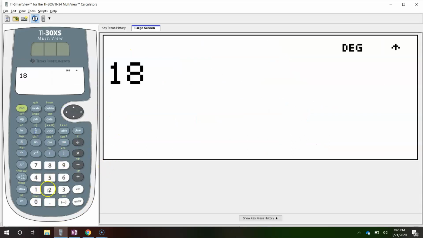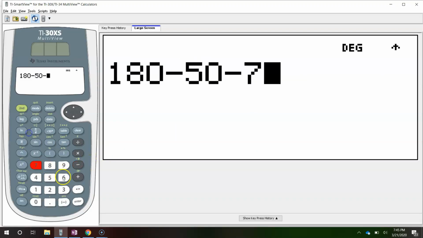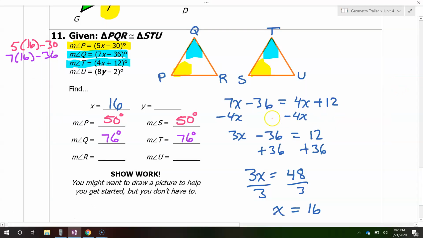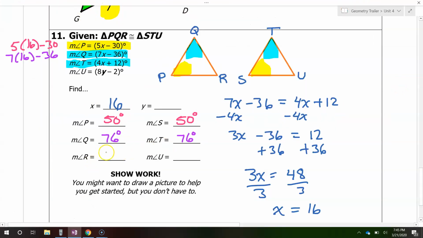So if we do 180 minus 50 minus 76, the missing angle is 54. So the final angle will be 54 degrees. Okay, that's angle R, which is congruent to angle U. So this will also be 54 degrees.